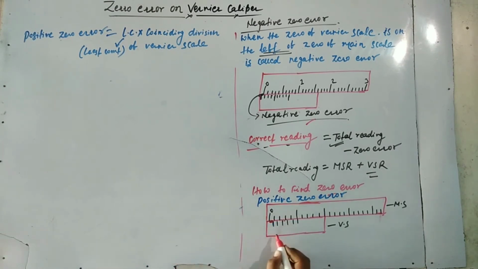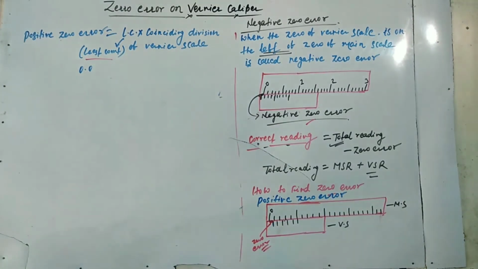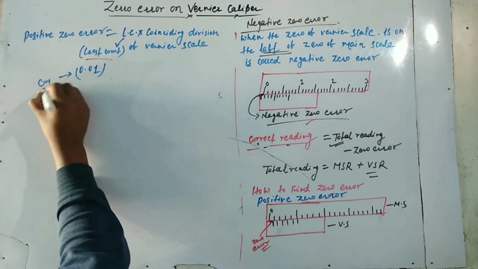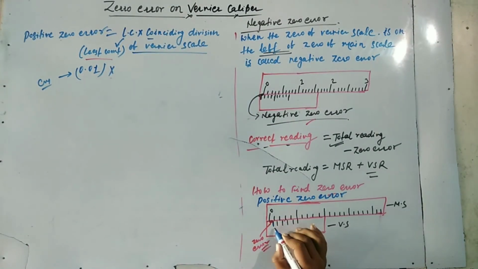This one is positive zero error. So now we count the vernier scale division. When we count the vernier scale division, after that we multiply by least count. Least count of vernier scale is generally 0.01.